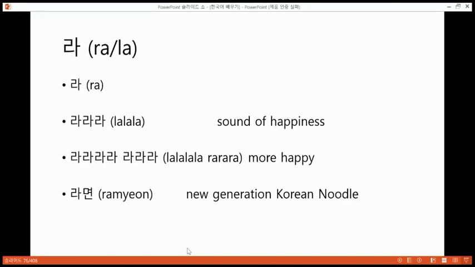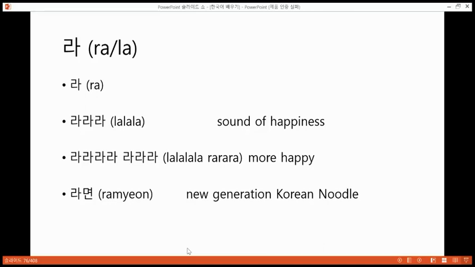Let's say 라. How do you differentiate whether 리을 is L or R? It depends on the situation. Let's learn first: la la la. I have been speaking English for 3 decades, so I can pronounce L, but many times Koreans will pronounce it as R instead of L. Rarara.